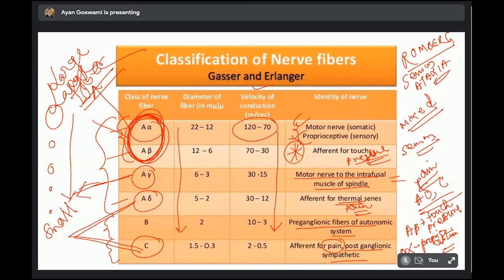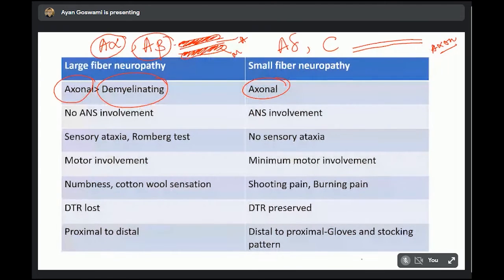But C fibers can be autonomic, because C fibers are postganglionic sympathetic, other than pain sensation. So no autonomic involvement in large fiber neuropathy, and autonomic involvement will be there in small fiber neuropathy.